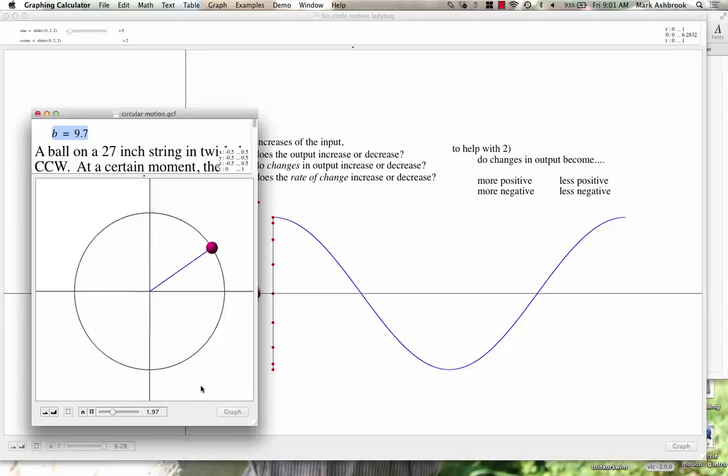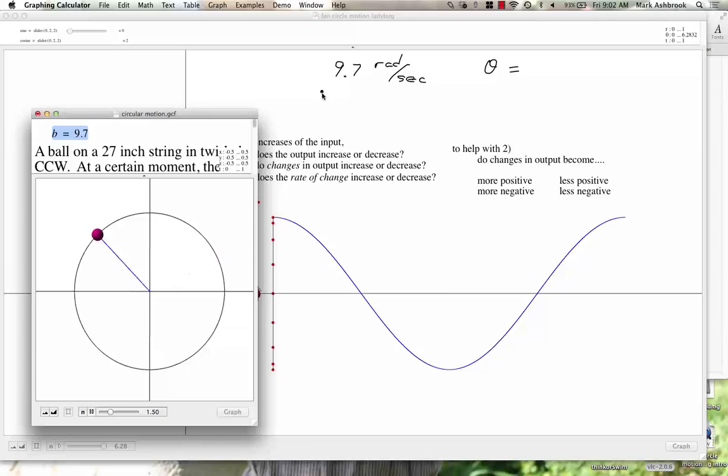Okay, here we are from last time. We were swinging this ball around at 9.7 radians per second. And if we wanted to get theta in terms of t, meaning given any time since the ball passed the 3 o'clock position, we wanted to know what the angle was.